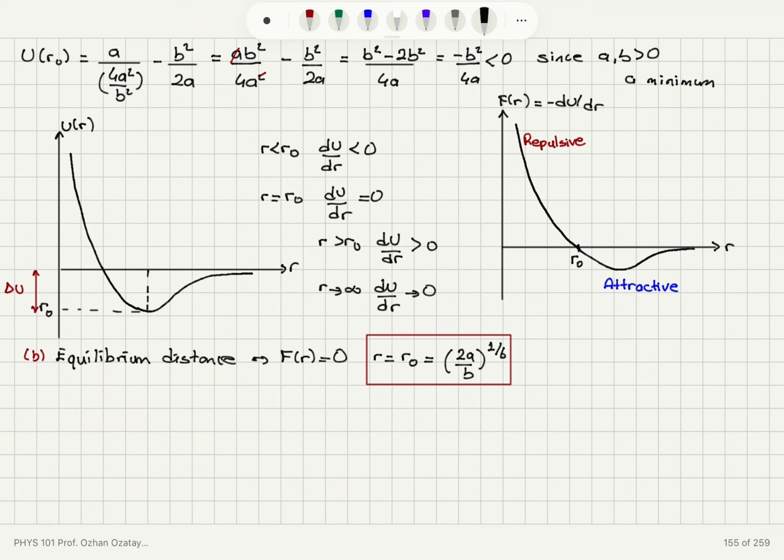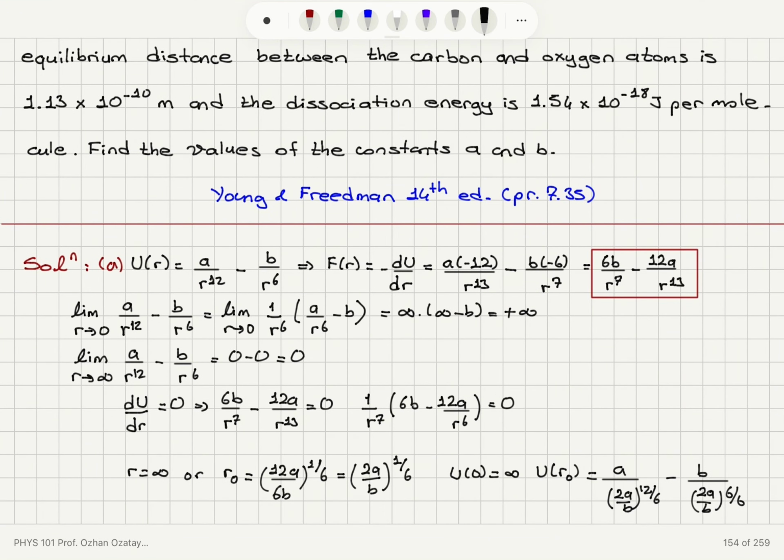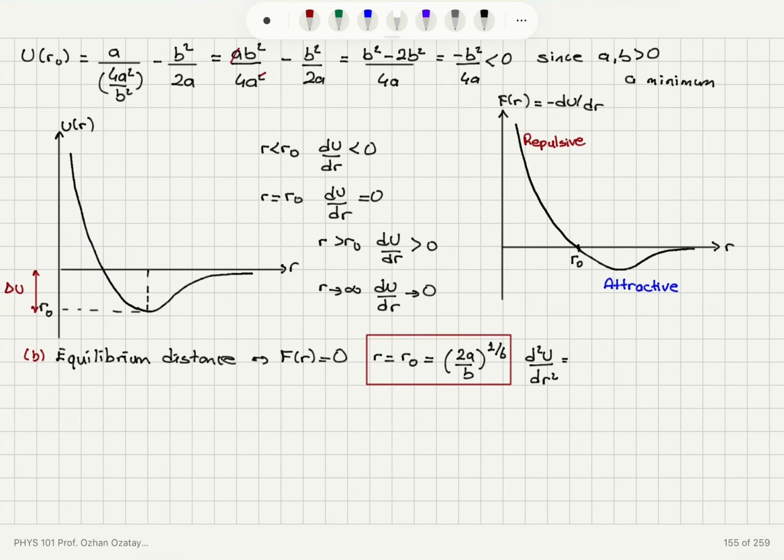So if I look at the second derivative of the potential energy function, d squared u dr squared, so I take another derivative of the potential energy function. From this term, there's going to be a minus 7, r to the minus 7, so this will give us minus 7 times 6b divided by r to the 8.